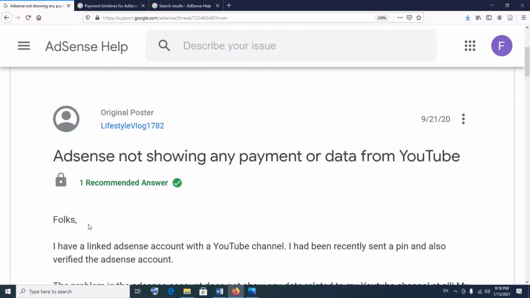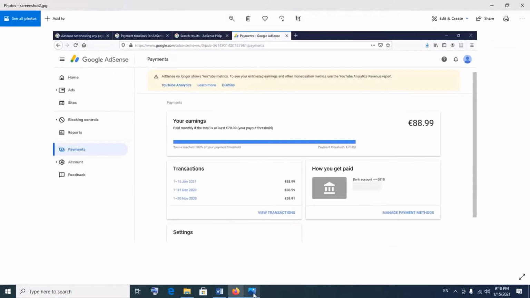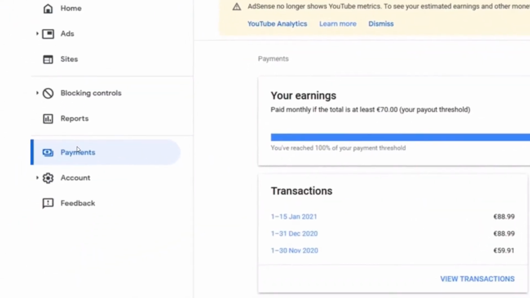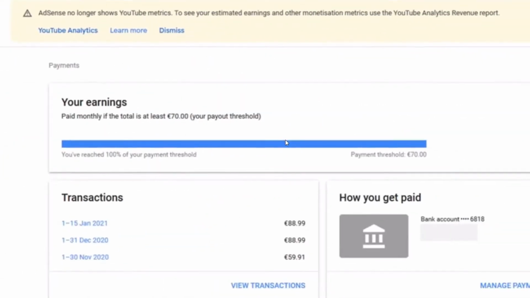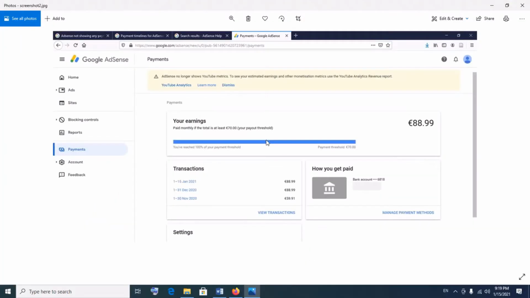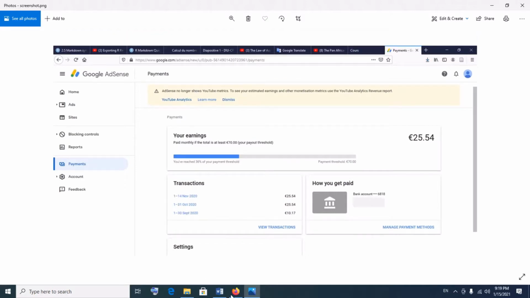However, when you log into your Google AdSense account and click on payments, you are supposed to see your payments displayed here. So in case you cannot find your payments displayed here, when should you expect them to display? That is, if you have verified your payment address, and you have a valid Google AdSense account connected to your YouTube account.